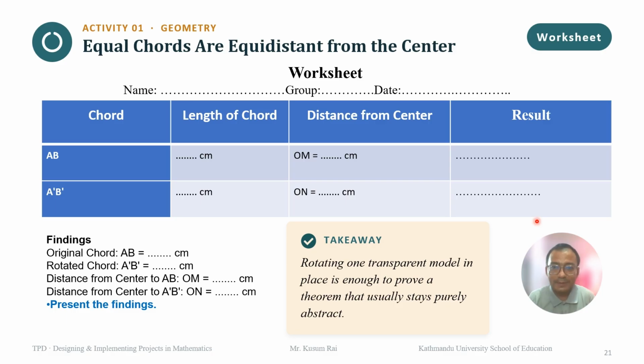By conducting this type of project in the classroom, obviously the students or learners feel very excited, and mathematical knowledge and other skills can be enhanced together in the classroom.